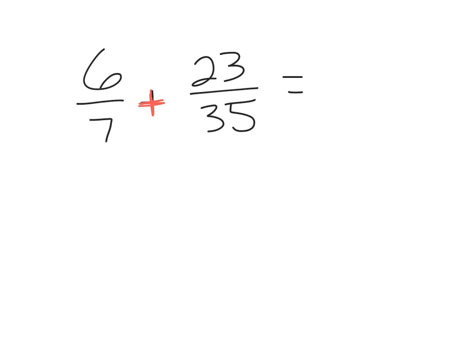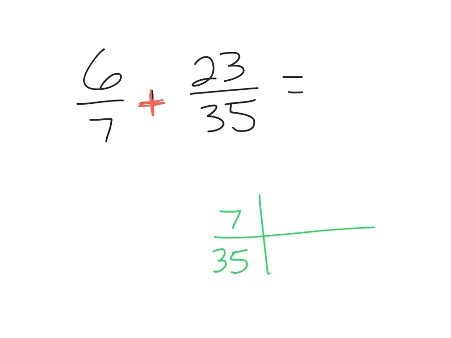In the lecture, I talked to you guys about how common denominators are common multiples. So what we do is we look at all of our times table here. So for 7 and for 35, I am going to multiply, again, times 1, times 2, times 3, times 4. I'm looking at the times table for both these numbers. When I find the very first number that they have in common, that's going to be my common denominator.